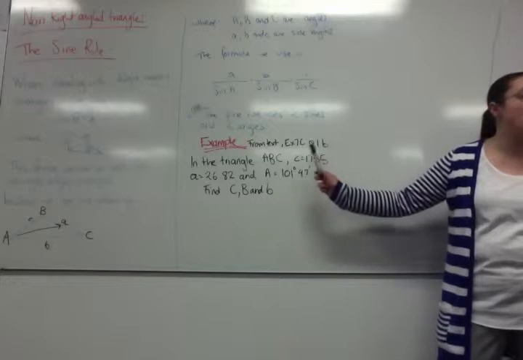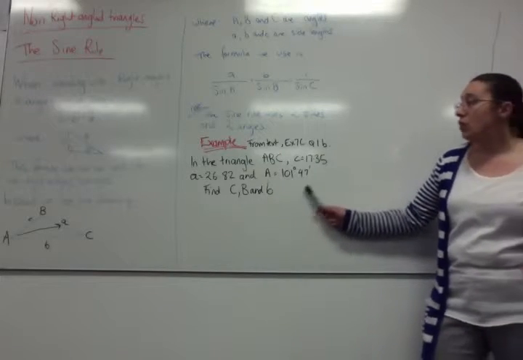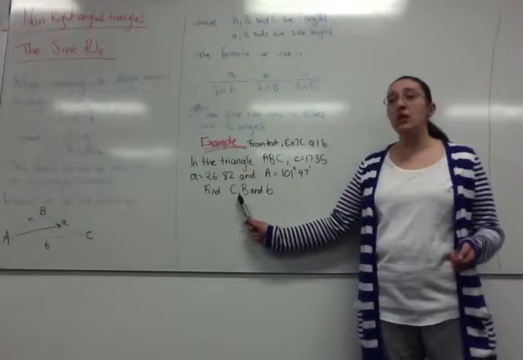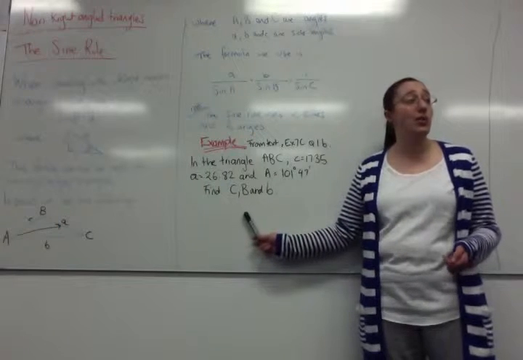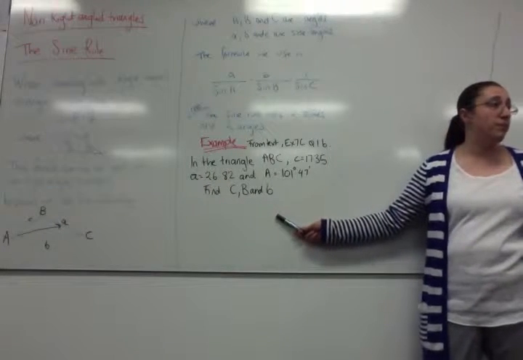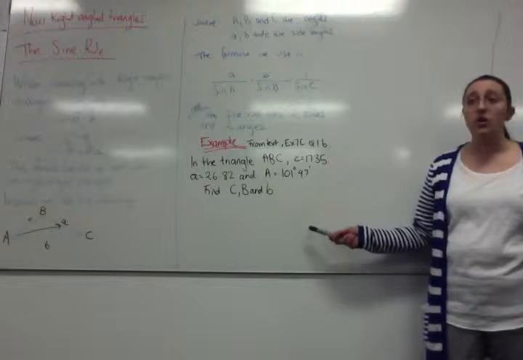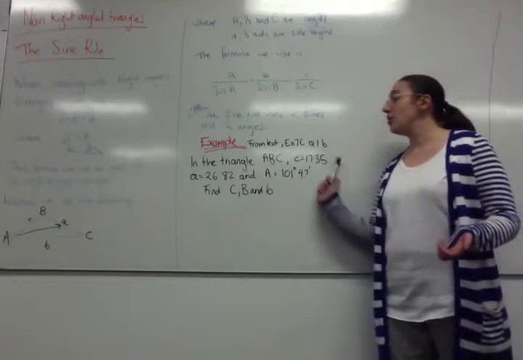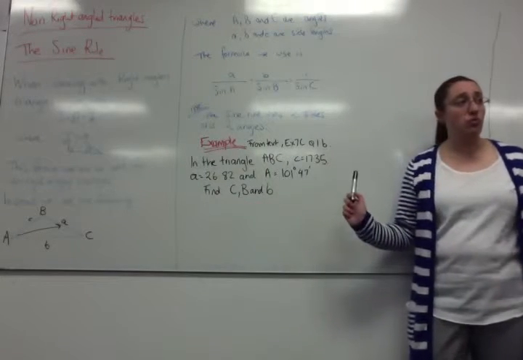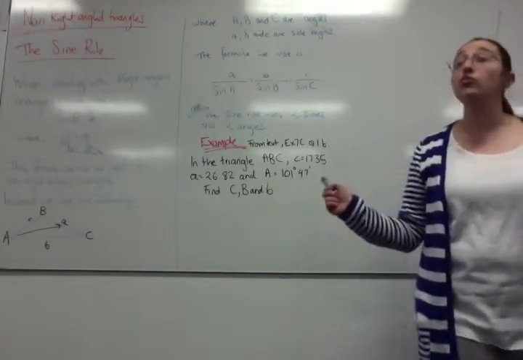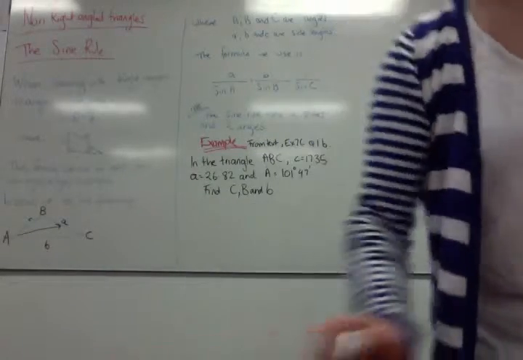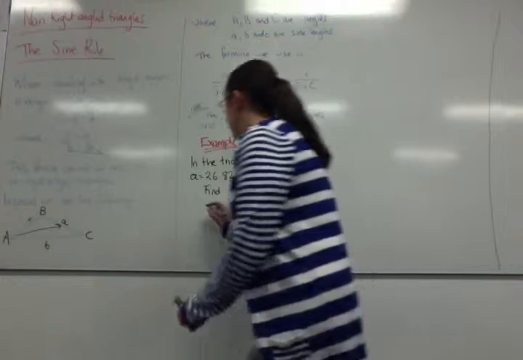Now I'll show you how to do that on your calculator as well. So find big C, big B, so find those two angles and find little b, which is a side. So, do you know what this looks like as a triangle? Can you draw it? Shall we draw it? We shall.